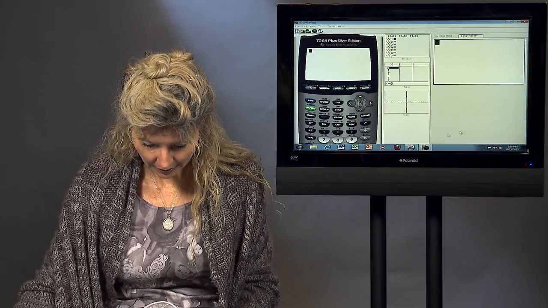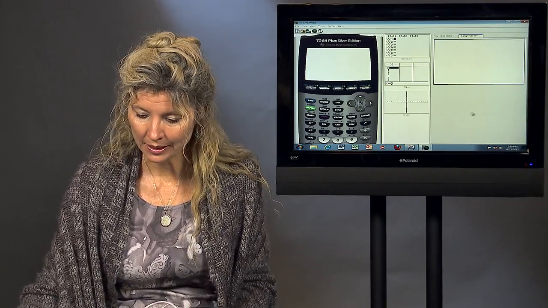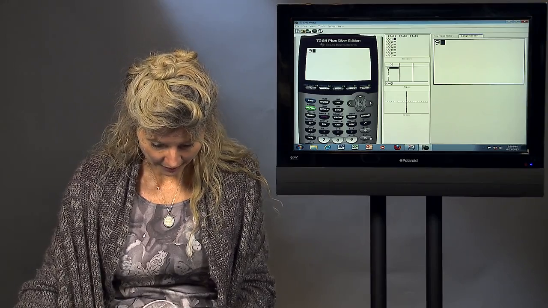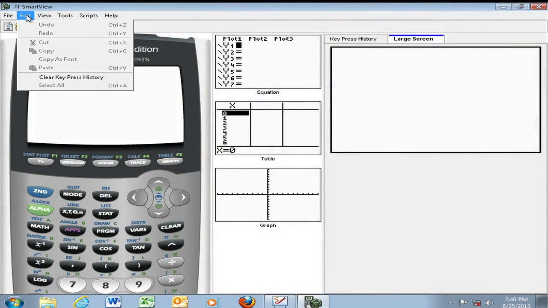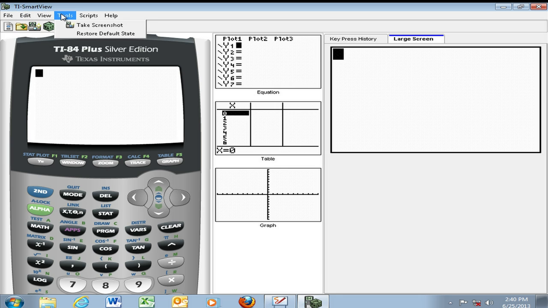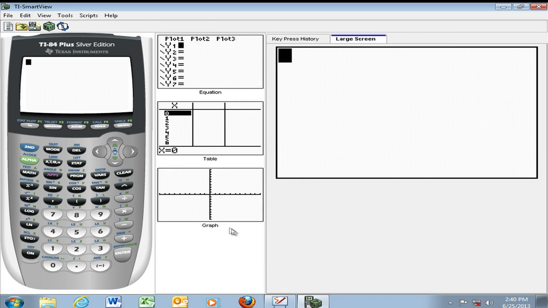Let's see, can I click on it? For some reason it's not able to access my buttons. Let's see if I can change the view. There we go. Now I'm not so ginormous. Okay, let's do this together.